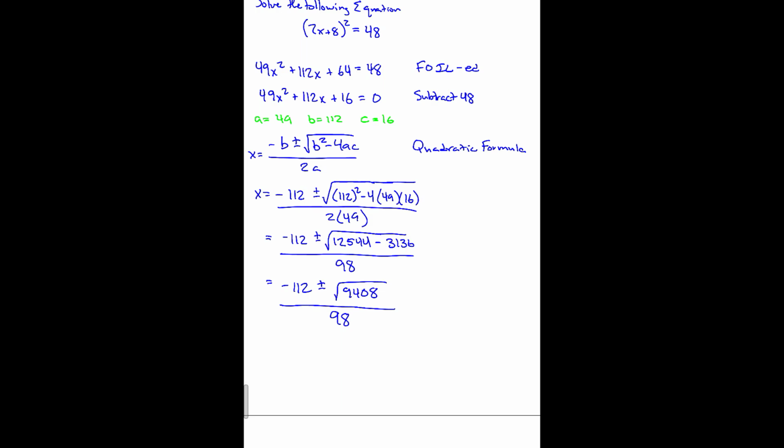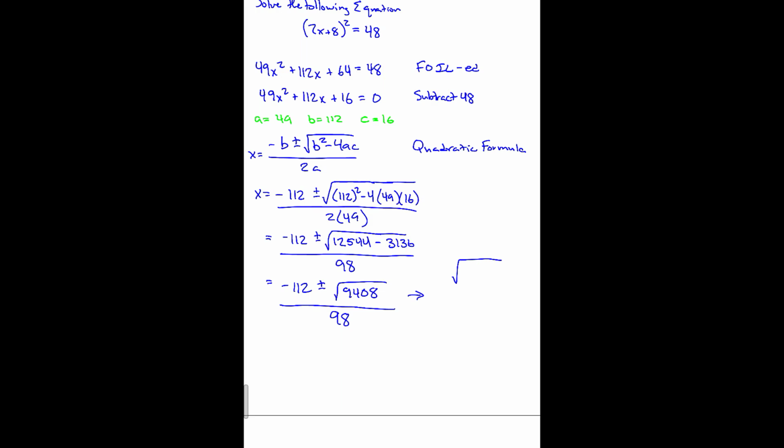It's going to take you a while to find it. You can also start dividing 9408 by 1, by 2, by 3, by 4, and so on and so forth, and start figuring it out from there. So I'm going to bring it out over here.